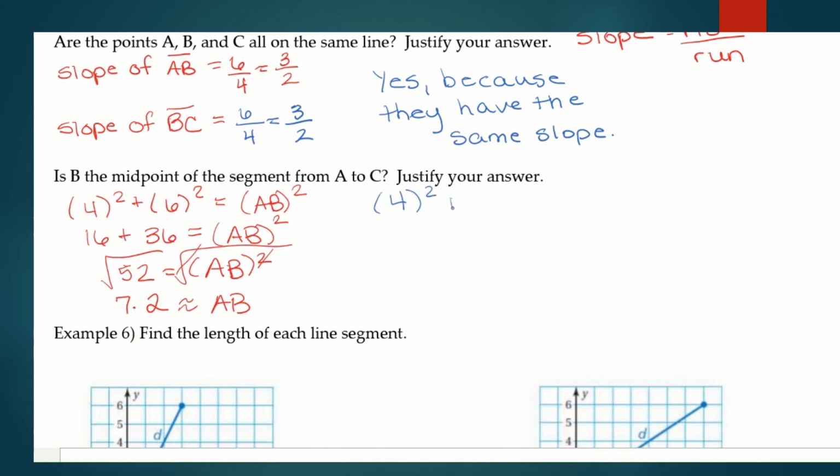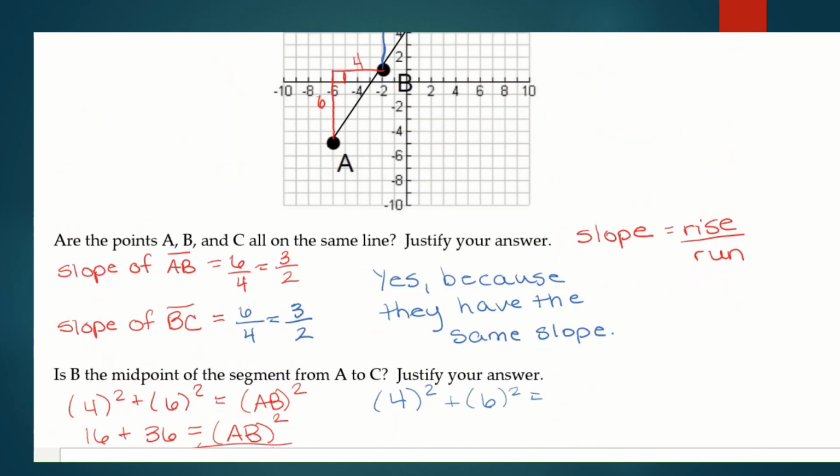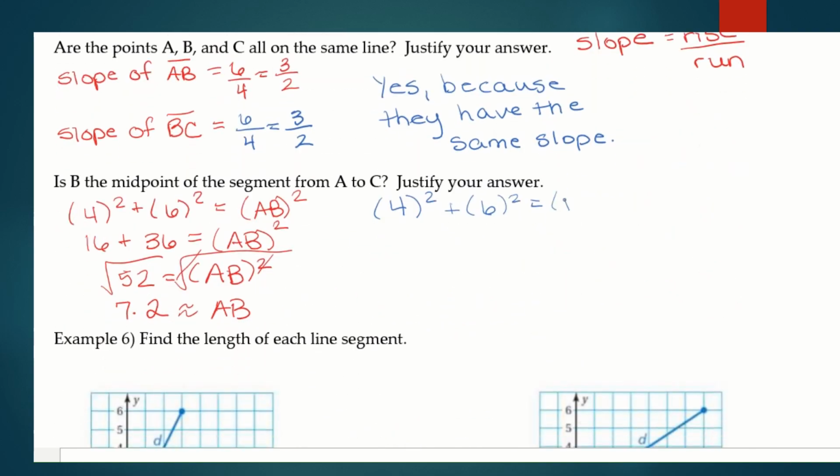Here's the leg, here's the other leg. And now I would be finding the distance from B to C. It's the exact same equation that we just solved. I would get 52, and then you would square root.